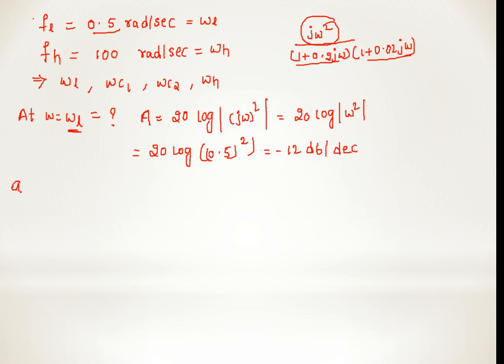After that, calculate the magnitude at omega equal to omega C1. What is omega C1? The first corner frequency, that is 5 radians per second. So the magnitude will become 20 log magnitude of (j omega) whole square.